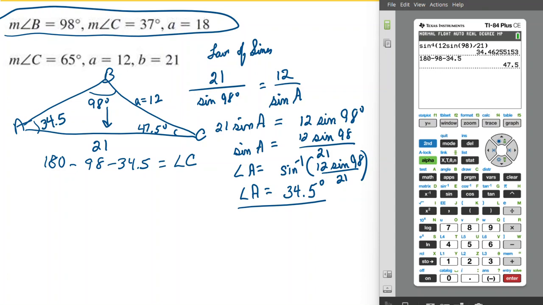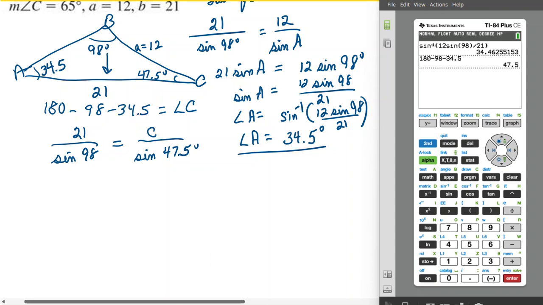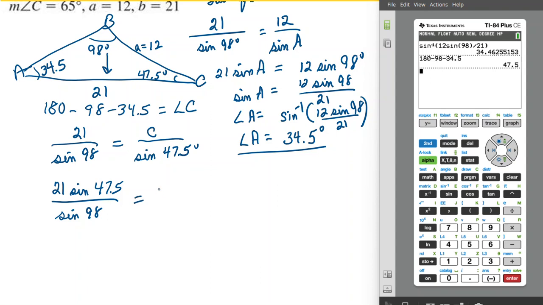So I always start with what was given, which was 21 is to sine of 98 as, and I'm needing c, little c over sine of 47.5. Does everybody see that? So I'm going to multiply by sine of 47.5 and that has to equal c.